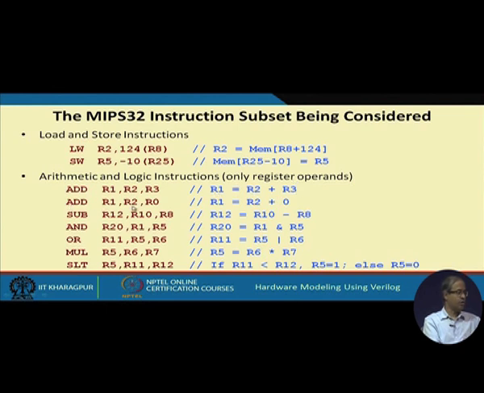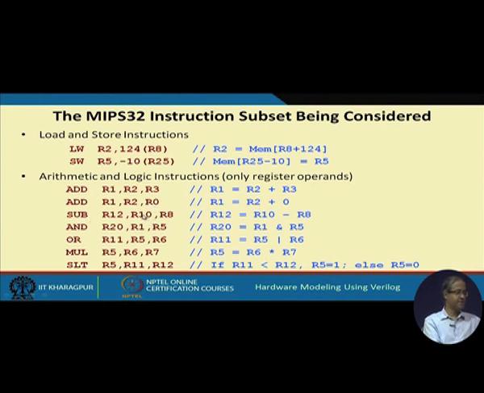Similarly, add R1, R2, R0 means you add R2 to R0, which always contains 0, and store it in R1. This is an indirect way to move the content of a register into another register, effectively copying the value of R2 into R1. So, when you need to do this, you can use the add instruction with R0.